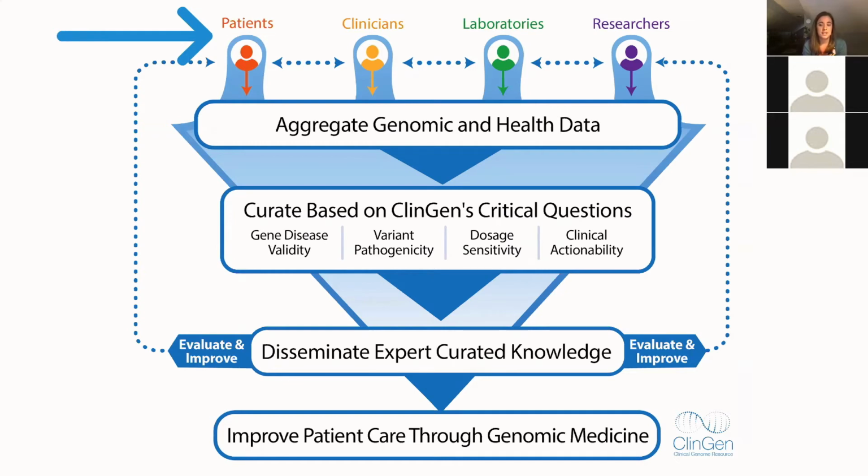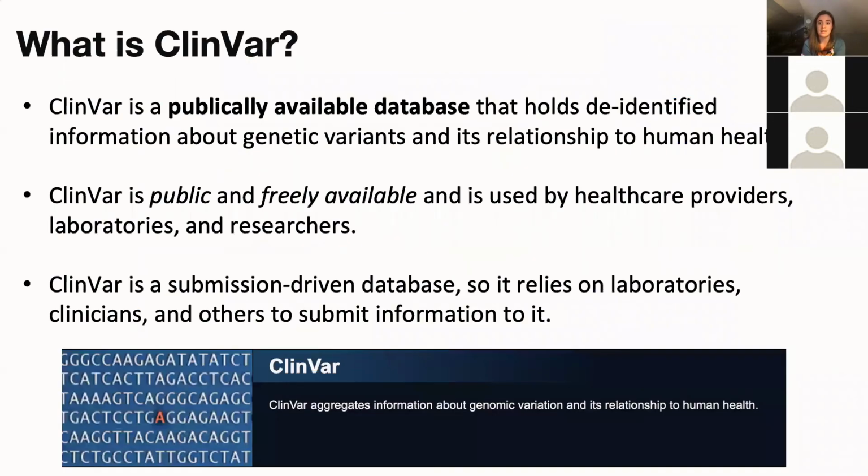ClinGen encourages data sharing through GenomeConnect, as well as encouraging data sharing from other stakeholders, including clinicians, labs, and patients as well. The purpose of GenomeConnect is to share data with databases, including ClinVar, which is a publicly available database that holds de-identified information about variants and its relationship to human health.